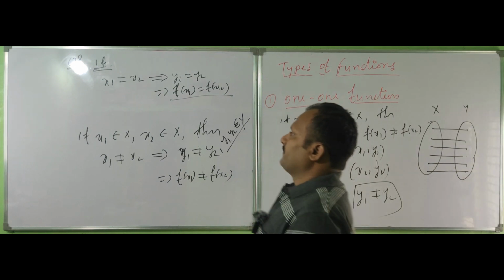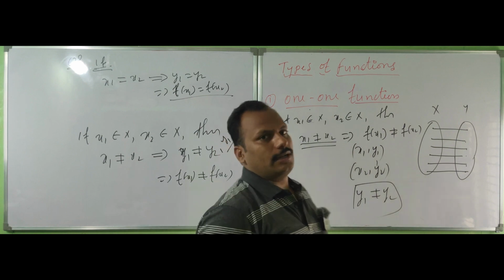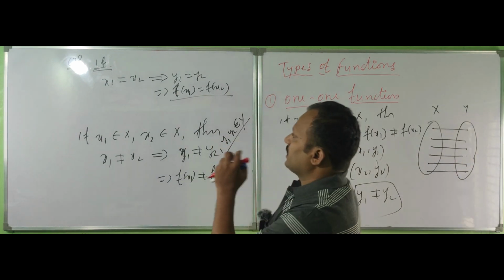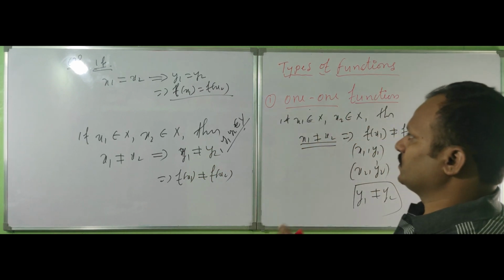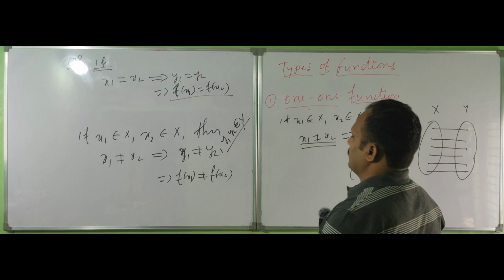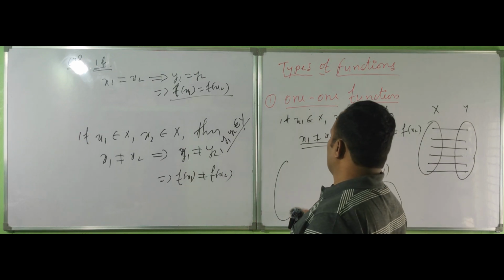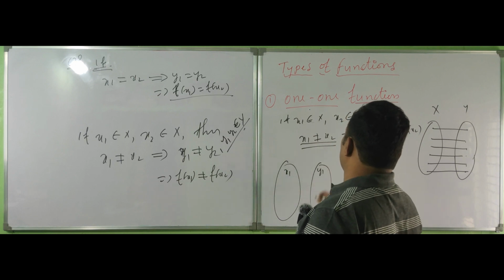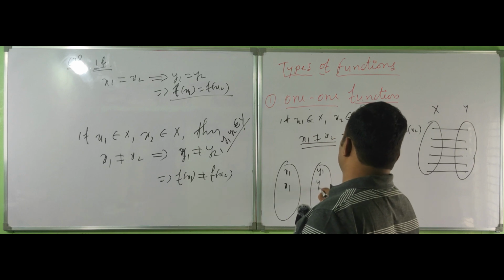If x1 is equal to x2, meaning only a single element, then the corresponding value of y at x equal to x1 or x2 should be equal. This is x1 and this is y1. Again this is x1 and this should be y1.